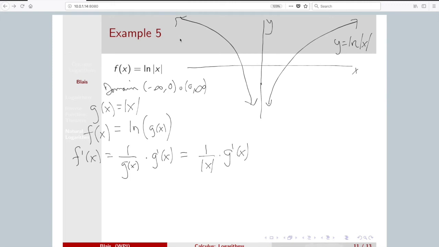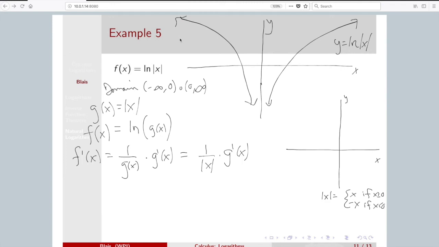And remember that the absolute value of x, we had argued, is equal to x if x is greater than or equal to 0, and minus x if x is negative.